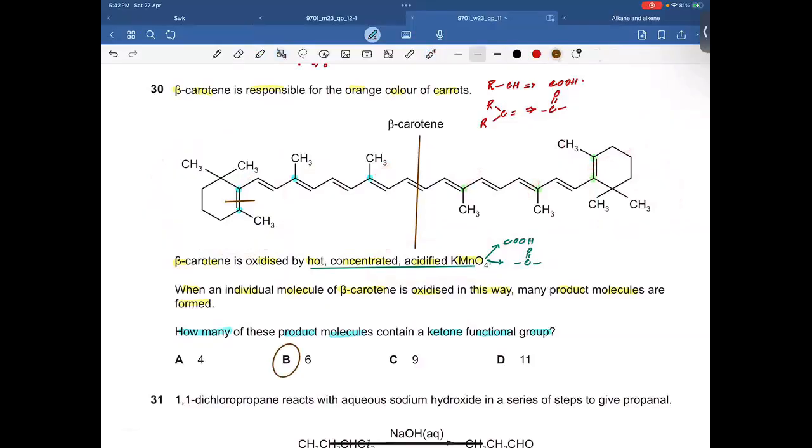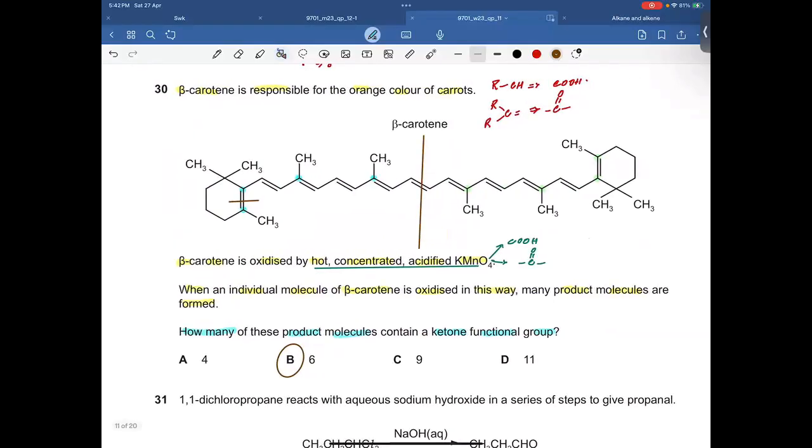Okay. What I'm saying is that when this product is reacted with hot concentrated KMnO4, it's going to give you the structure like this. This is double bond. This is CH3.